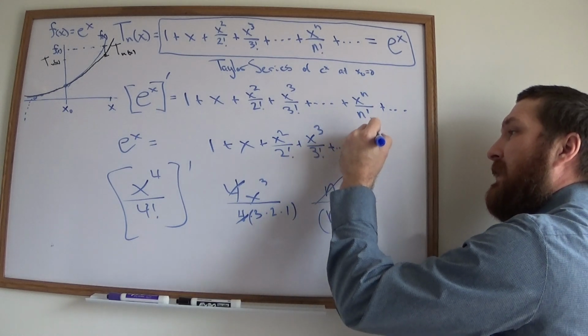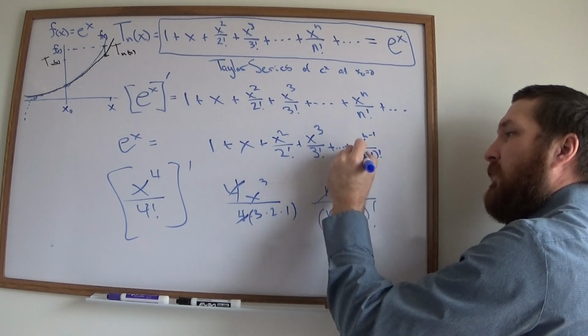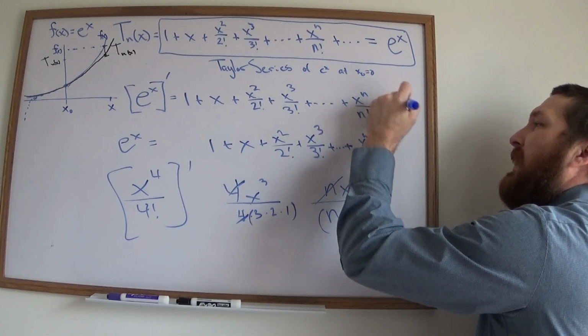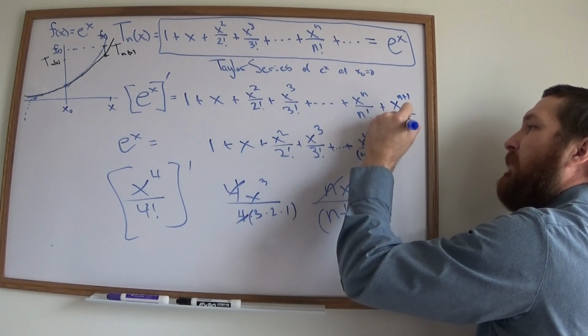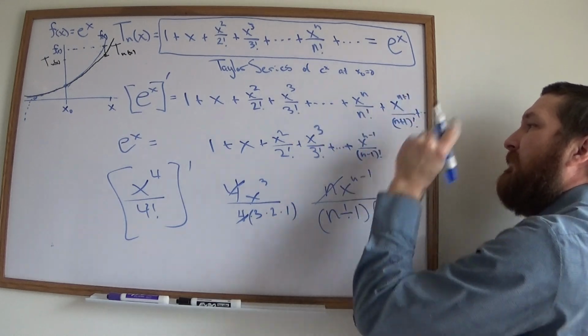So we get x to the n minus 1 over n minus 1 factorial. Imagine that there was the next one, x to the n plus 1 over n plus 1 factorial, and it kept going on forever.